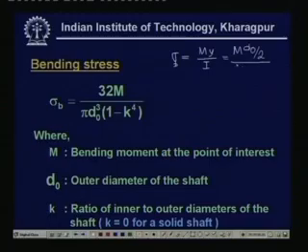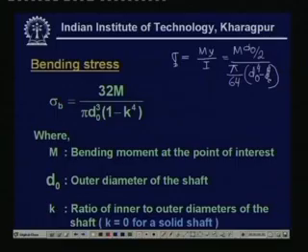Considering it to be a hollow shaft, what is the value of I for a circular cross section? Pi by 64 into (d0 to the power 4 minus di to the power 4).